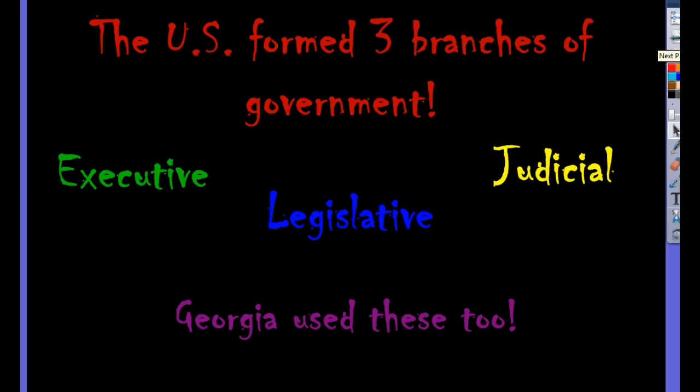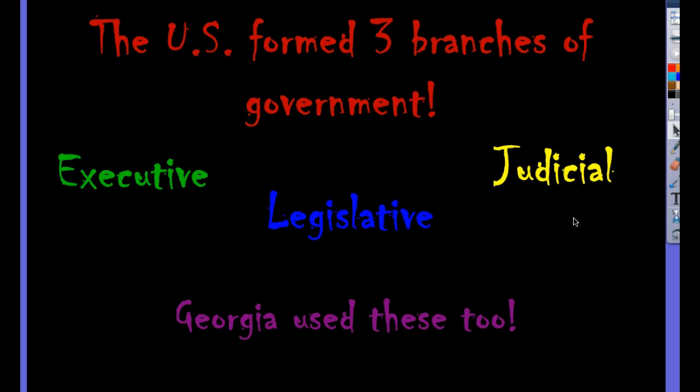Now, in today's government, most of us know this, but just to be clear, today's government has 3 branches. This was not created by the Articles of Confederation. This is the newest form of government. Our 3 branches are the executive, legislative, and judicial.